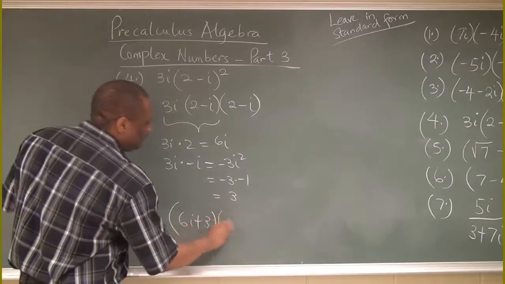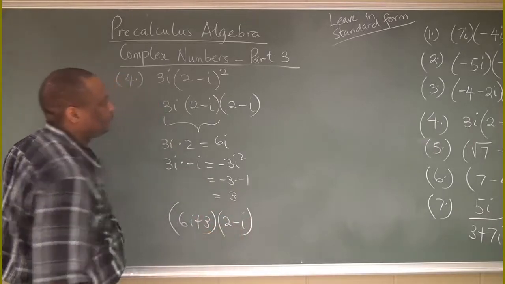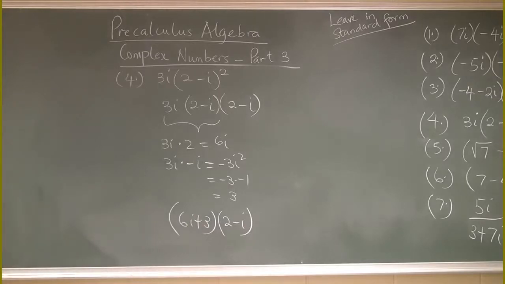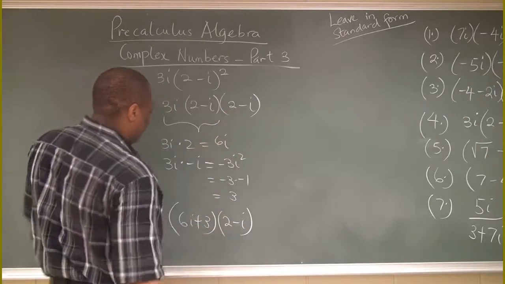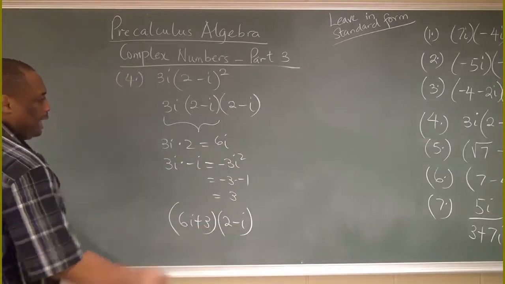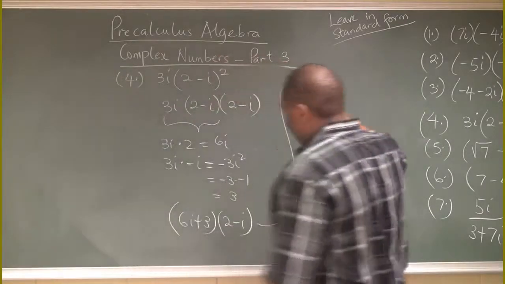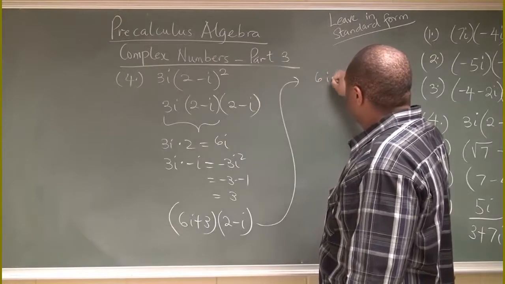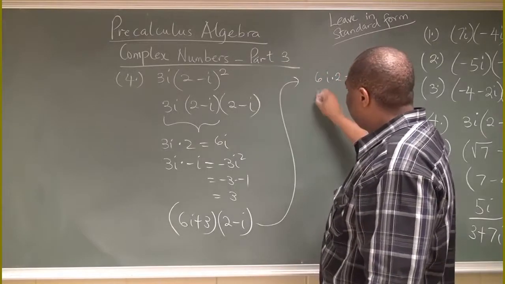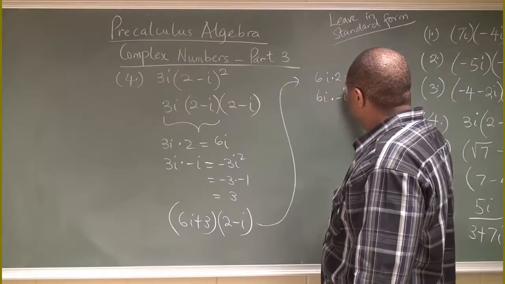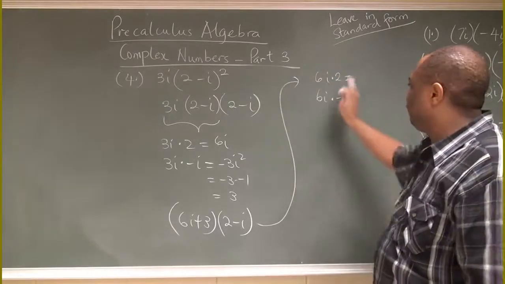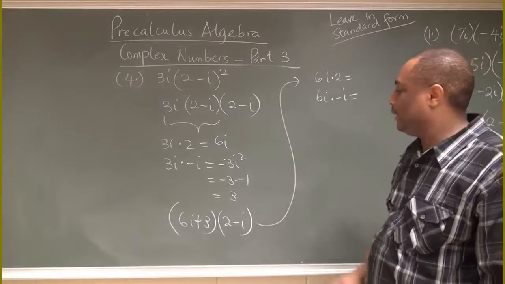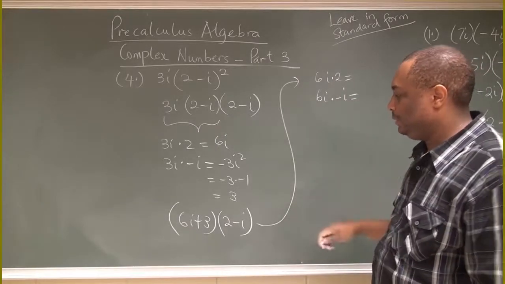Then times 2 minus i. We now multiply it by 2 minus i. So what do we have? We have 6i times 2, then 6i times -i. I will first write it out before I write what it means, the way I did it with polynomials.